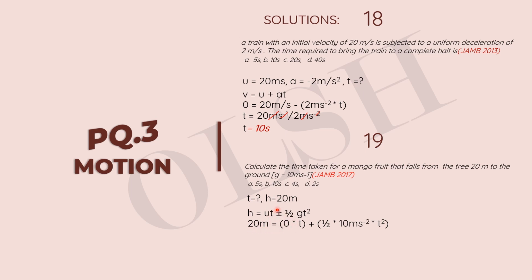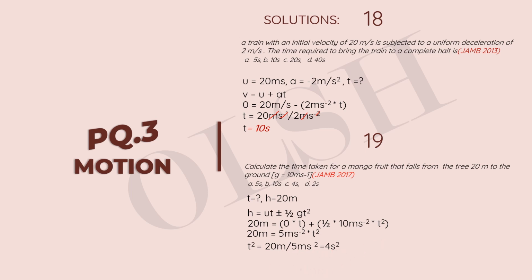Of course, initial velocity is 0 because it fell from the tree and falls down. So at the tree it's at rest, so we have gravity to be 10 meters per second squared, and we have time to find. So simplifying this, we would have 5 meters per second squared t squared. Then if we make t squared the subject of the formula, we'll have 20 meters divided by 5 meters per second squared. And then when we divide this, we would have 4 seconds squared.